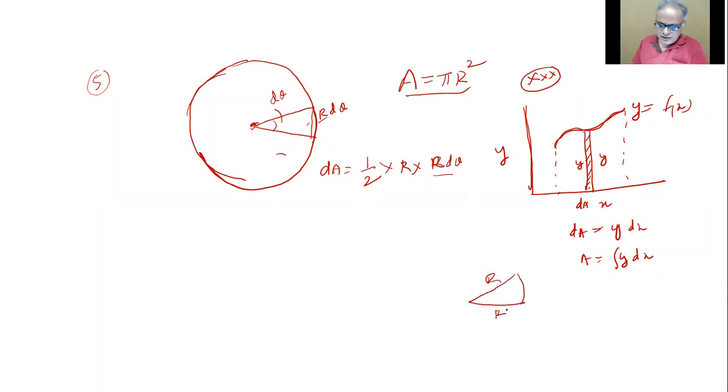If this is r and this is d theta, this arc length is L equals r d theta, in radians. Others, please. Not just Vishnu, but I expect you people to talk. Okay, so half into base into height, is it okay?